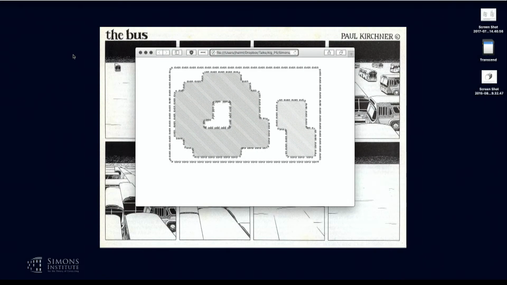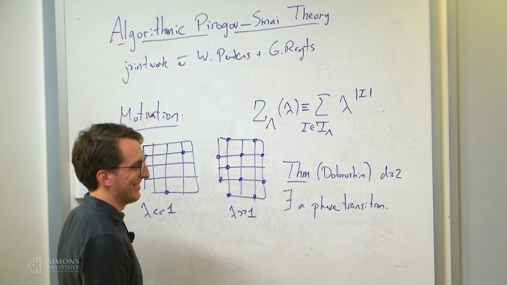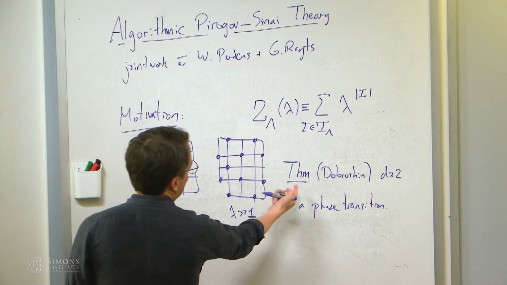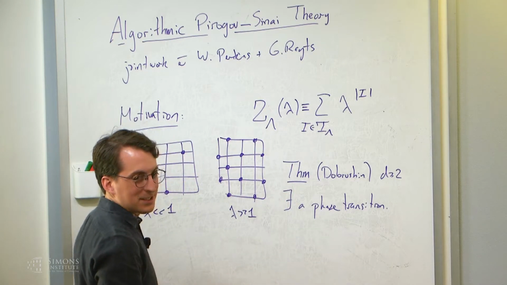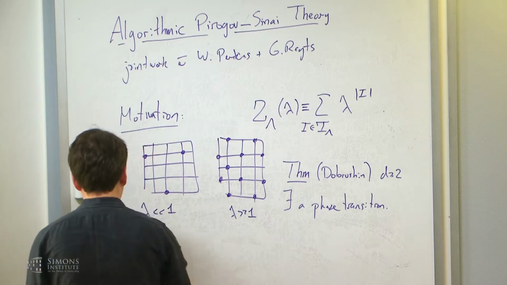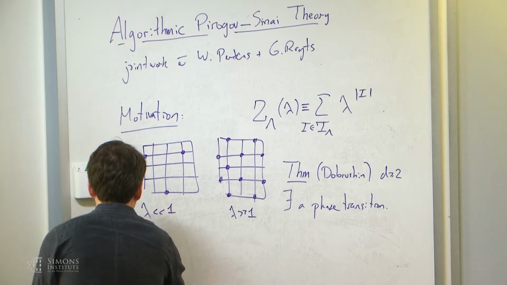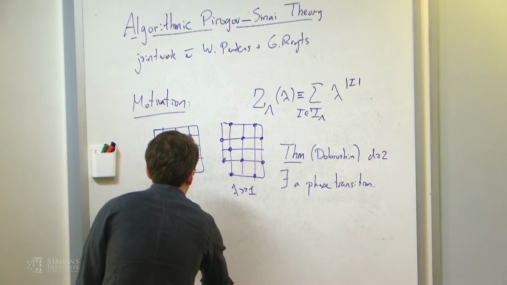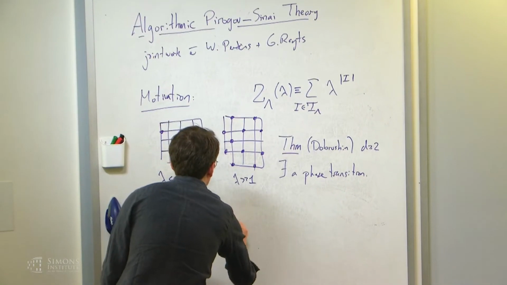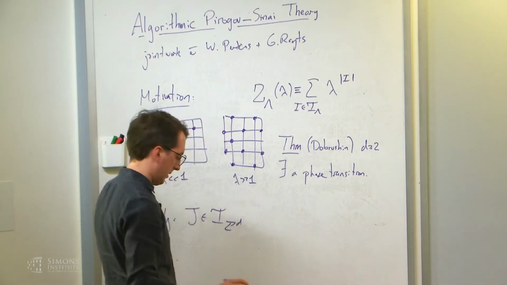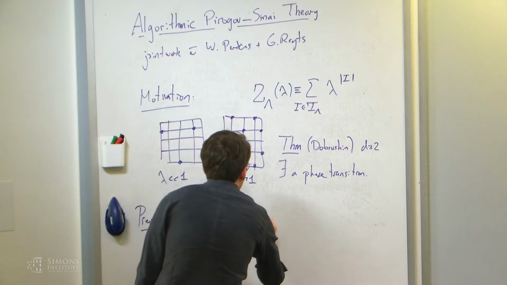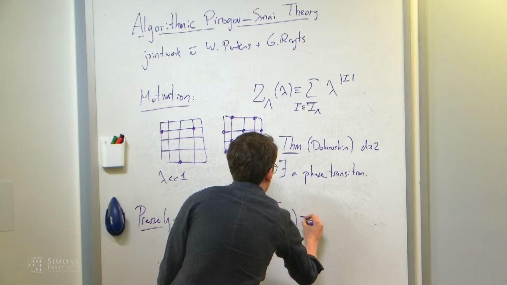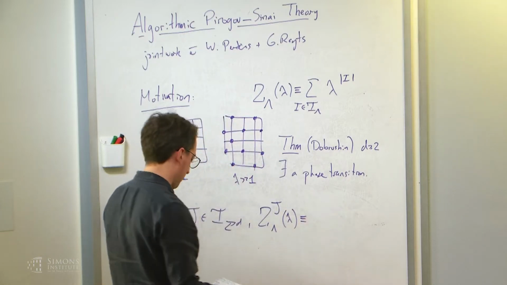Let me make it a little more precise what it means that there's a phase transition. To do that, I'm going to let J be an independent set on all of ZD, and define a new partition function that has J as its boundary condition.